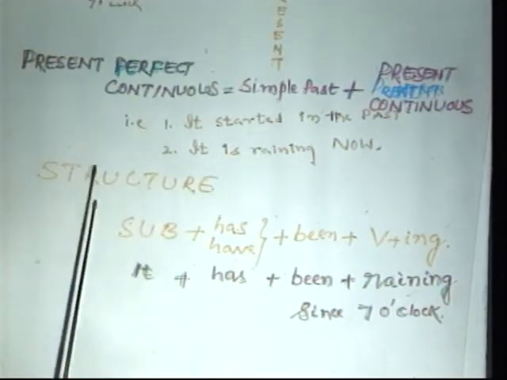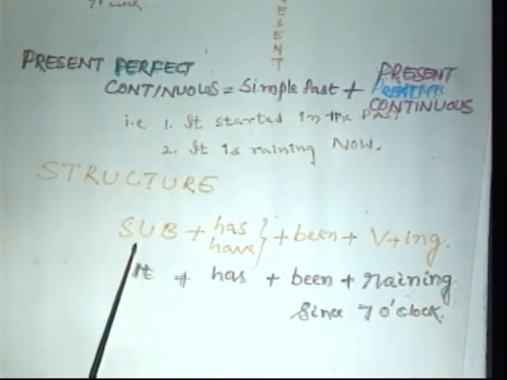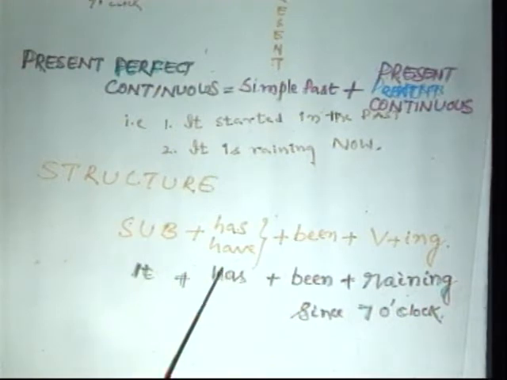Is it clear? The structure given for this is, you know about subject. Subject plus has or have plus been, plus verb in the continuous form. For example, we have been here. Subject it, has been raining since 7 o'clock. So this is the thing which really distinguishes it.